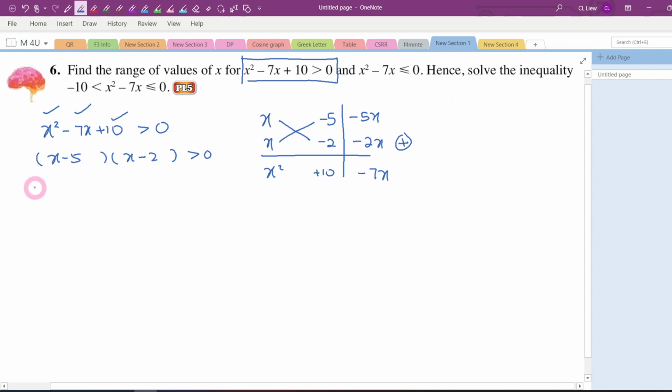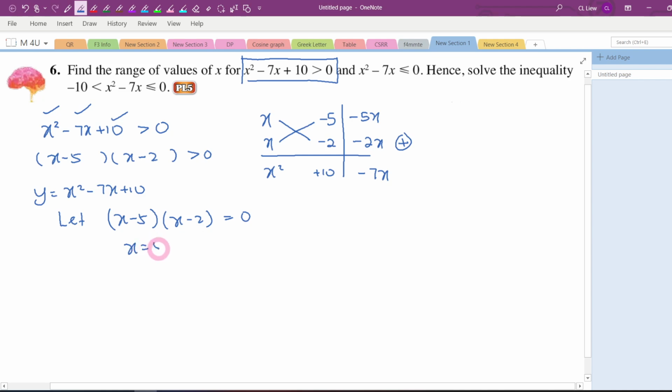What I need to do next is to sketch a graph of this quadratic function, which is x squared minus 7x plus 10. But to sketch this graph, we need to know the x-intercept, right? So we let this whole thing be 0. Let x minus 5, x minus 2 equal to 0.